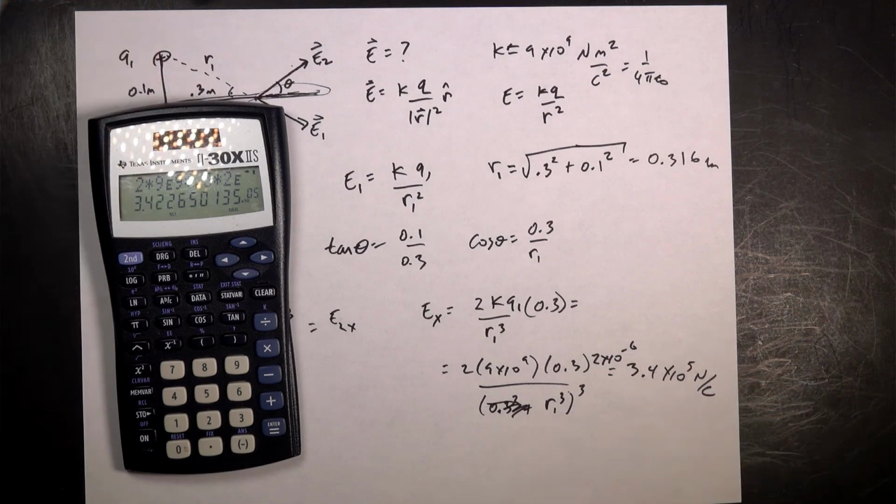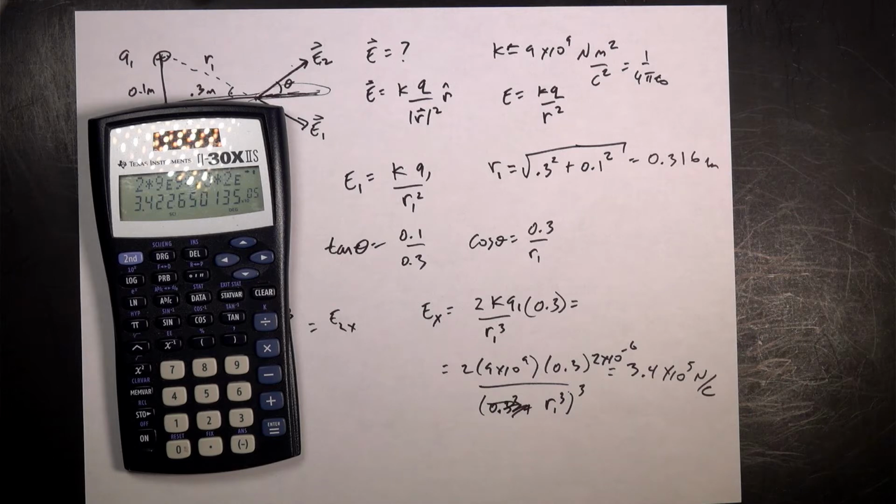And that's not what they got in the book. The page said they got 36. Well, I like my answer better.